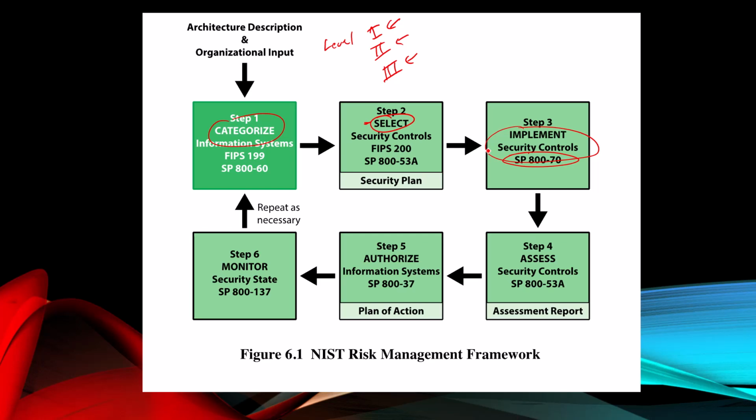Not just implement, but are we going to be able to audit? We're going to be able to verify. How are these controls actually employed within the system, including the environment of operation?